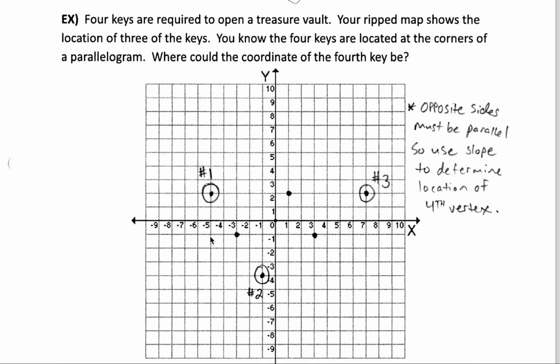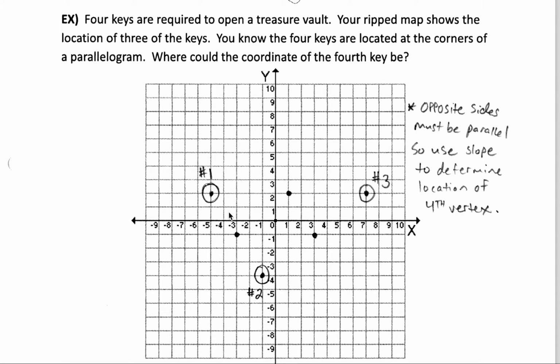Well, since we know that in a parallelogram, opposite sides are parallel, and also knowing that parallel sides have the same slope, we can use slope to determine where our fourth possible vertex is.